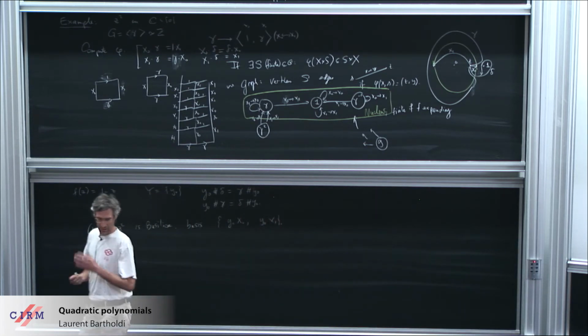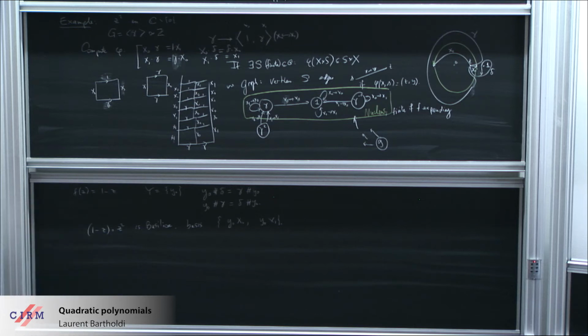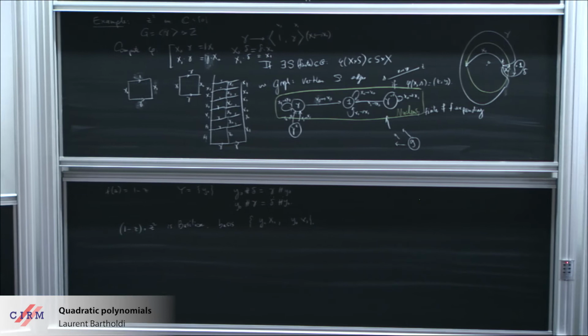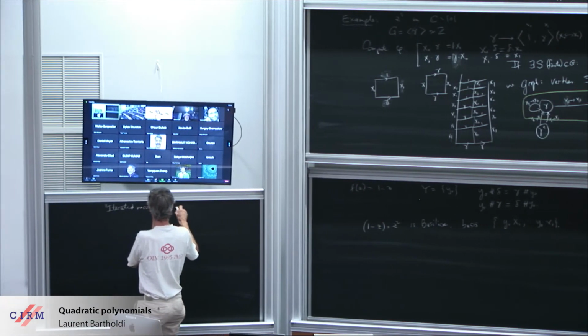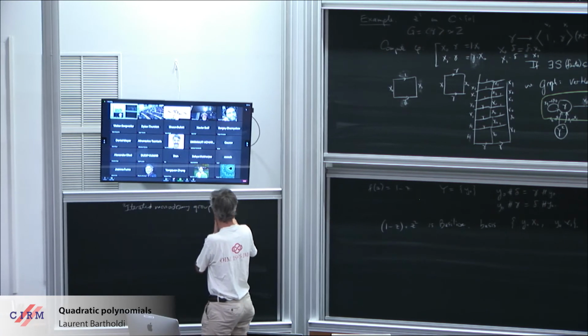My goal is to give you something like an iterated monodromy group dictionary.